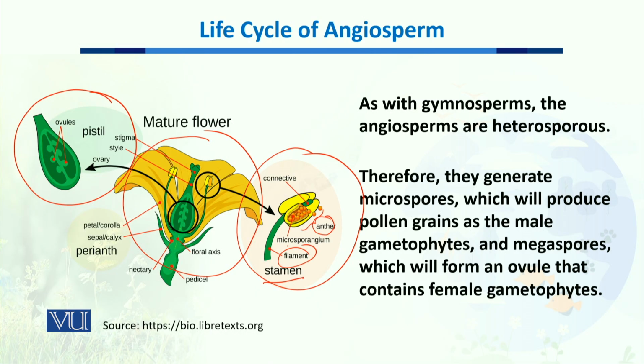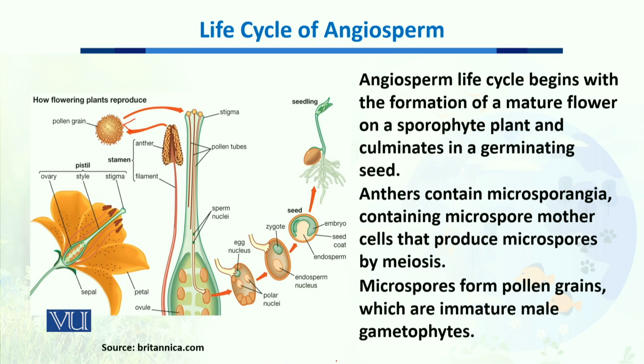Inside the anther, there are microsporangia which give rise to male gametophytes or pollen grains, while the female part, which is known as the ovary, contains ovules or the female gametes, which are present inside the female gametophytes.